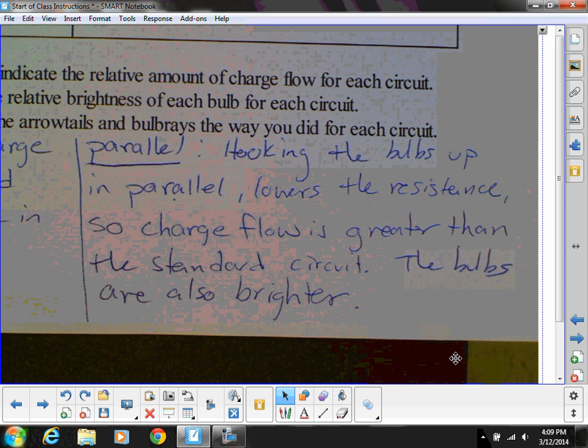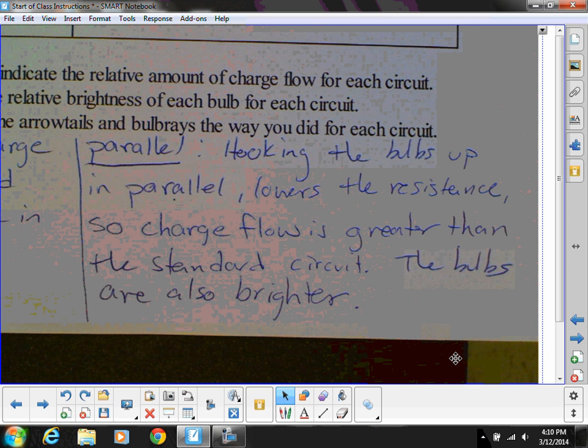Again, the standard circuit is 2 bulbs hooked up in series. Well, 1 bulb, 2 bulbs in parallel, 3 bulbs in parallel, 4 bulbs in parallel, because they're hooked up in parallel, means that we have less resistance, greater charge flow. So the bulbs in this circuit that I just showed you are going to be brighter than the bulbs in a standard circuit.